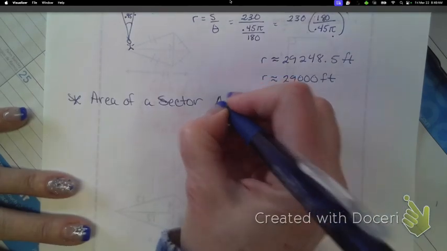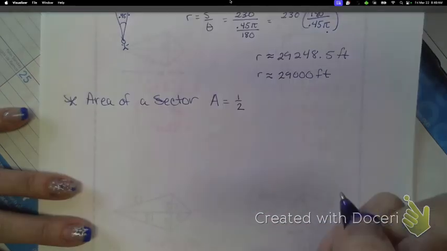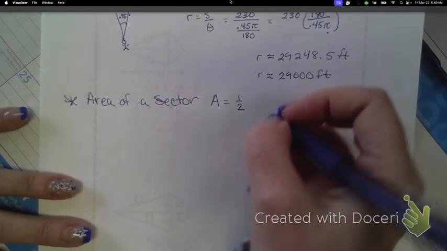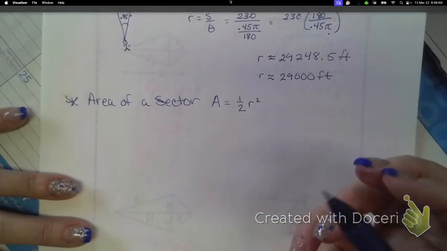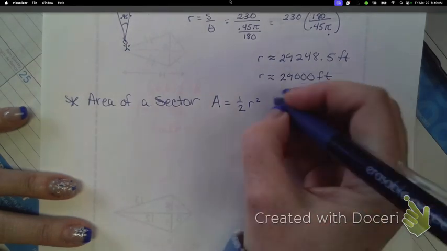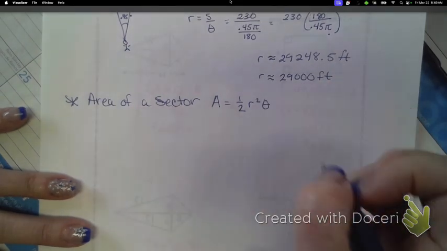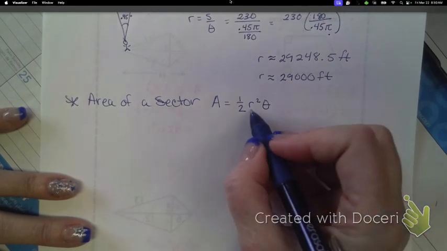is A equals 1/2 because a sector kind of looks like a triangle, yes? R squared because it's part of a circle, correct? And then the fraction of our circle depends on the theta, doesn't it? So 1/2 r squared theta.